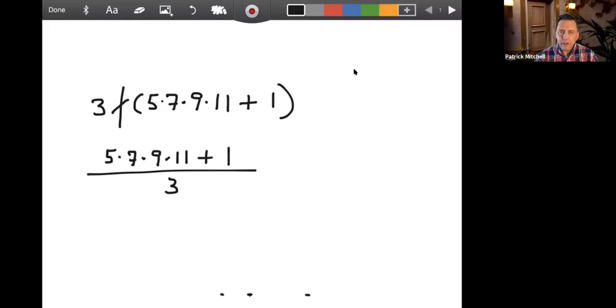So hopefully I'm not cheating here and using too many things we haven't talked about, but I don't really know how else to do this, other than multiplying the number out and adding 1, and that doesn't seem like any fun. So what I'm going to do is break this into 2 fractions. The first one is going to be 5 times 7 times 9 times 11 over 3, and the second one is going to be 1 over 3.